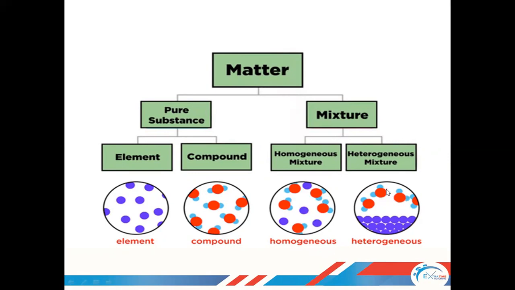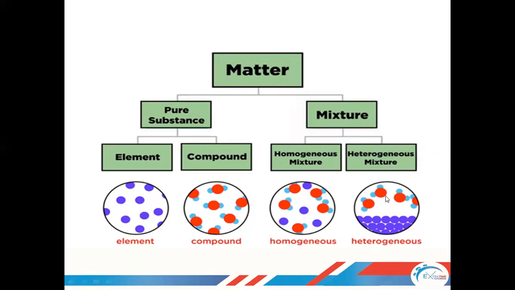On the other hand, a heterogeneous mixture also has two or more types of particles. Here we have a compound, here we have an element, and there are differences in how the particles are distributed. Essentially, at the top half of this space, we only have one type of particle, and then at the bottom half, we have a different type of particle.